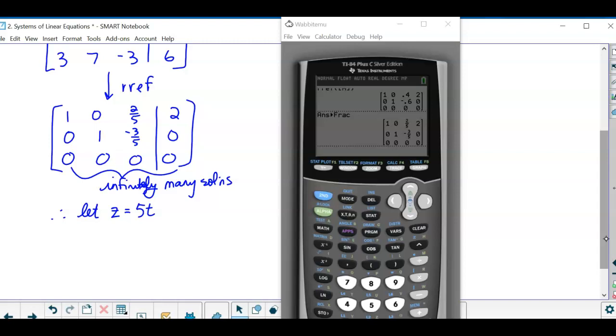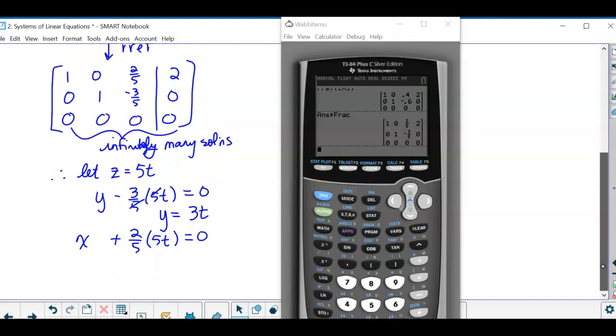So if I let it be 5T, then I'll have Y minus 3/5 times 5T equals 0. So the 5's divide out. So I get Y equals 3T. Then I'll have X plus 2/5 times 5T equals 0. 5's divide out, so I get X equals negative 2T. Good.